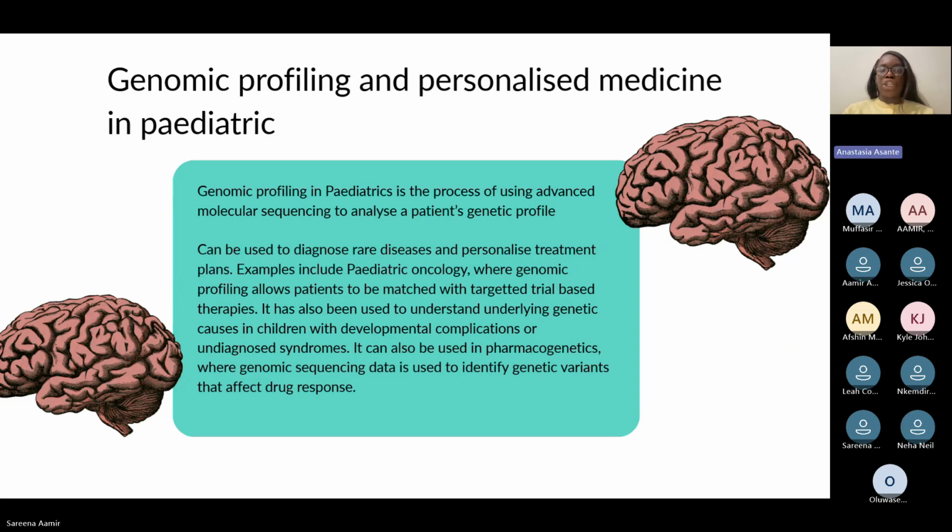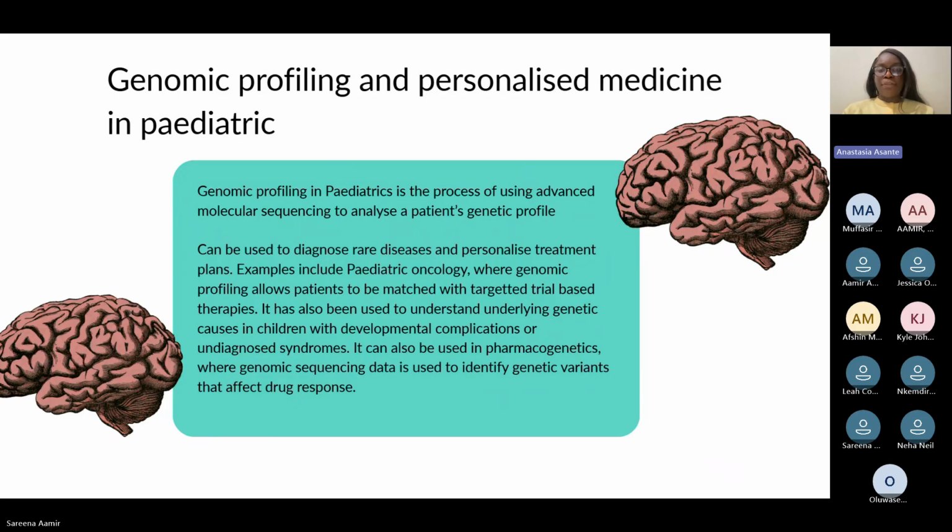So, in terms of genomic profiling and personalized medicine in pediatrics, genomic profiling is the use of advanced molecular sequencing to analyze a patient's genetic profile. This can be used to diagnose rare diseases and personalize treatment plans. Examples include pediatric oncology, where through genomic profiling, patients are matched with targeted trial-based therapies, and it can also be used to understand underlying genetic conditions, such as genetic causes in children with developmental complications or undiagnosed syndromes.